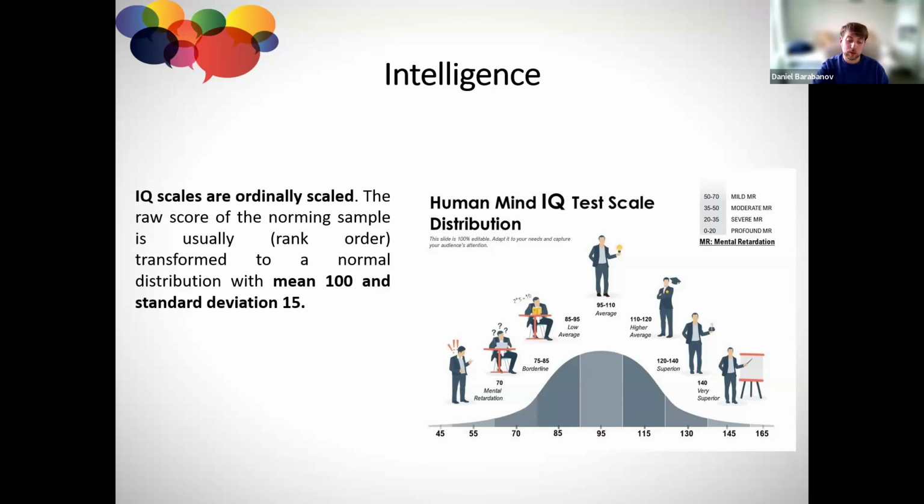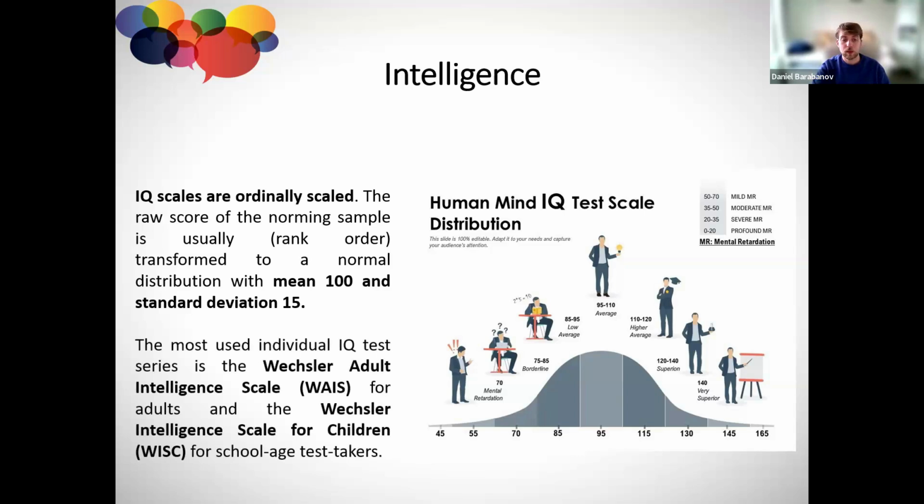All IQ tests are specifically designed to measure this on one scale, the so-called IQ scale, which always has a mean score of 100 and a standard deviation of 15. The most popular tests on IQ are the Wechsler Adult Intelligence Scale, WAIS, and the Wechsler Intelligence Scale for Children.